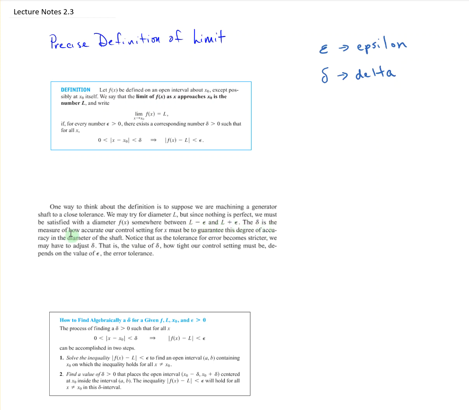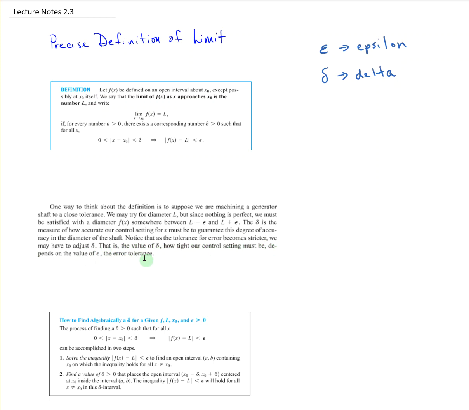The delta is the measure of how accurate our control setting for x must be to guarantee this degree of accuracy in the diameter. And so as the tolerance for error becomes stricter, we have to adjust delta. That is, the value of delta, how tight our control setting must be, depends on the value of epsilon, the error tolerance.